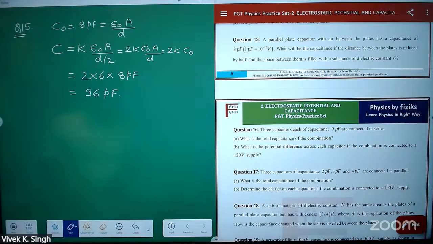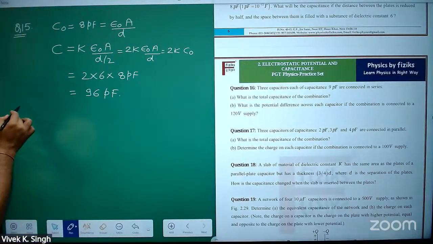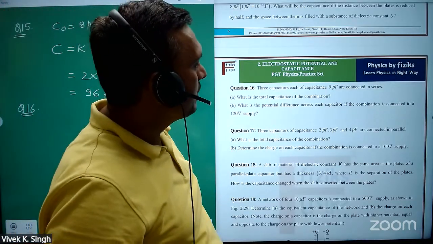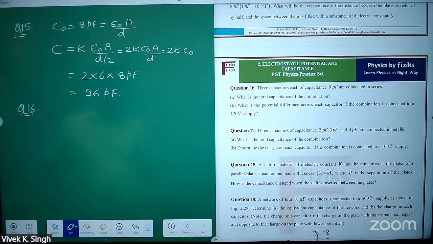Okay. Now you have question number 16. The capacitors, each of capacitance 9 picofarad, are connected in series. What is the total capacitance?